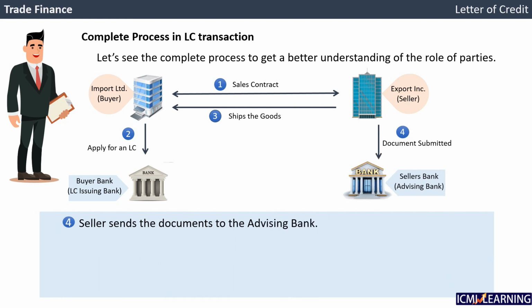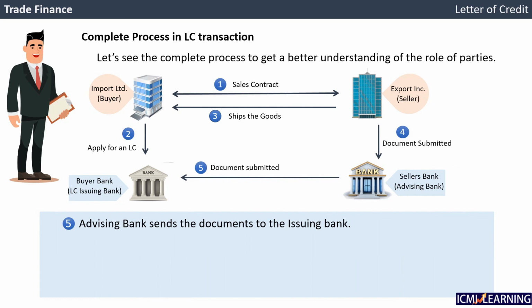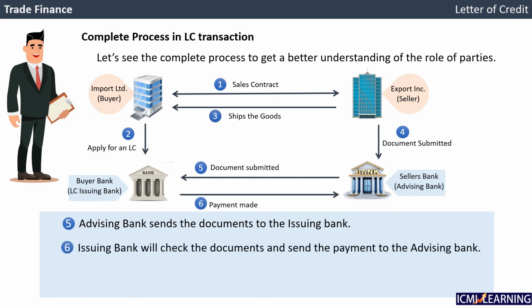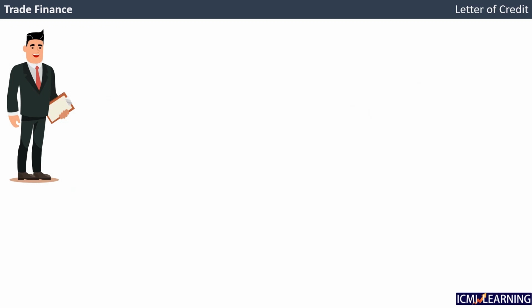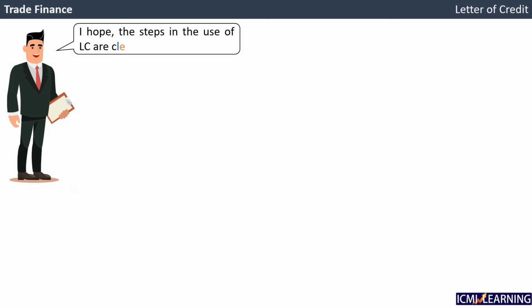Seller sends the documents to the advising bank. The advising bank sends the documents to the issuing bank. The issuing bank will check the documents and send the payment to the advising bank. The advising bank sends the payment to the seller, that is the beneficiary under the LC. I hope the steps in the use of LC are clear to you.